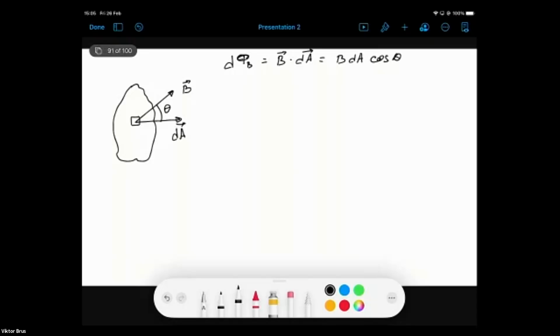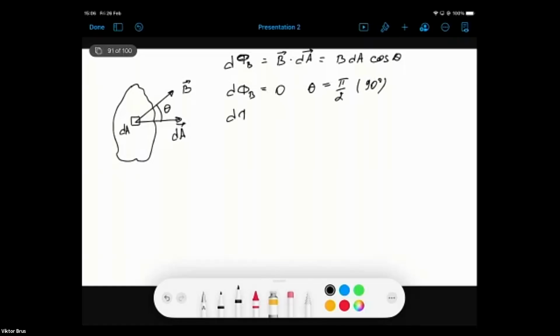So magnetic field flux will be equal to 0 if angle theta is equal to pi over 2 radians, or 90 degrees. So when these vectors are perpendicular to each other, magnetic field flux through this surface element dA will be equal to 0.